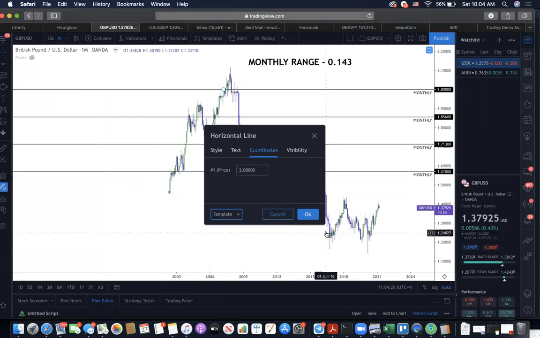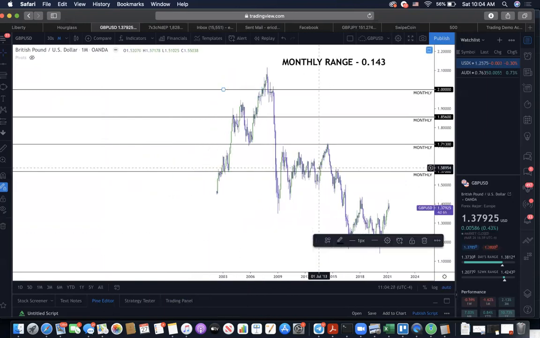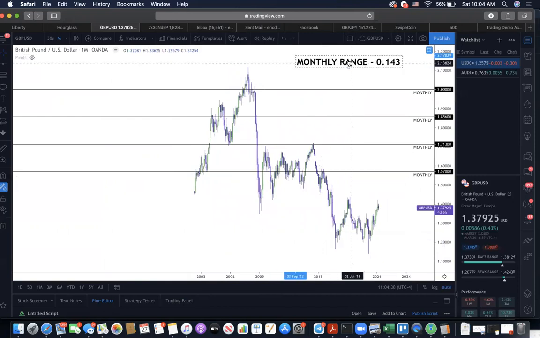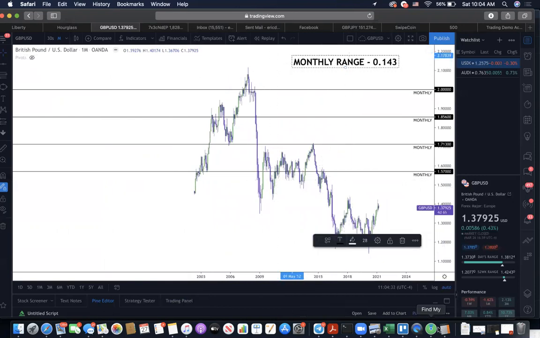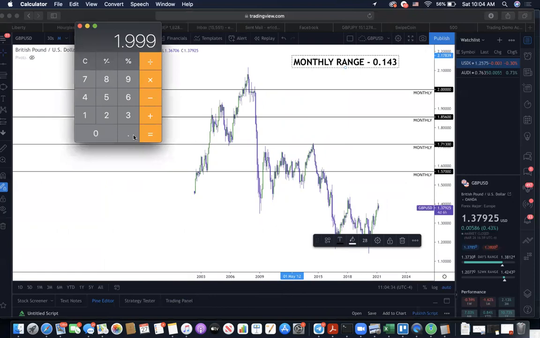Key levels monthly. All right, and then I'm going to add one more time to the upside, 0.143, to 2.0.